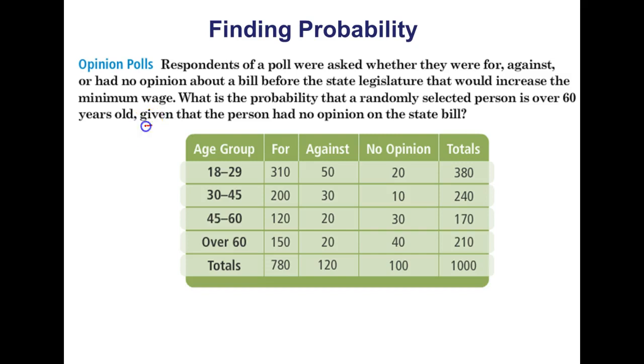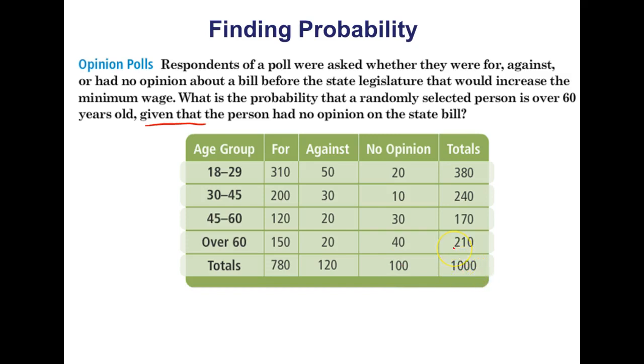And the words given that are important words. That means that we're only considering that group of people. We're given that they had no opinion, which means we're only considering this column of people here. So out of this 100 people, not out of the total 1,000 people in the total group.